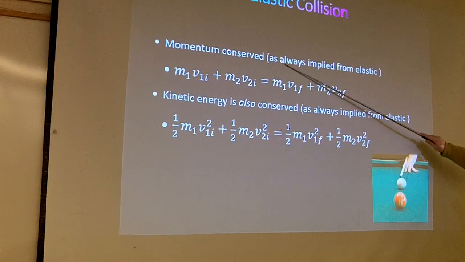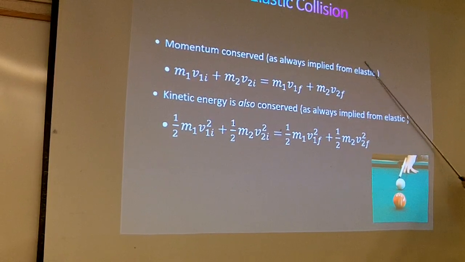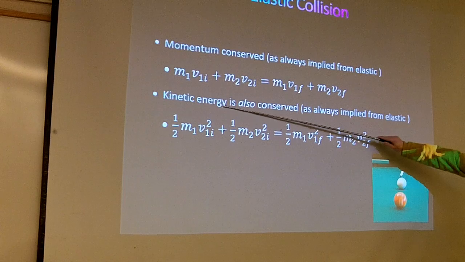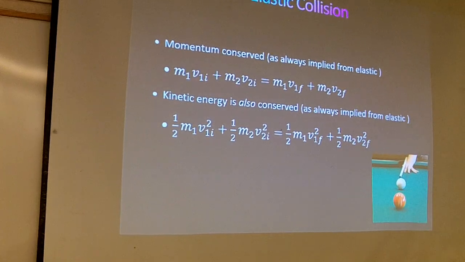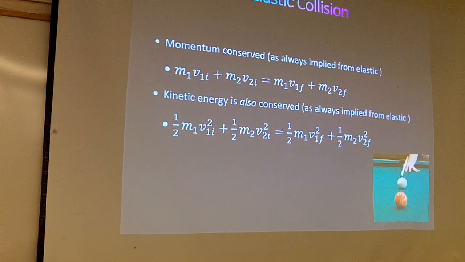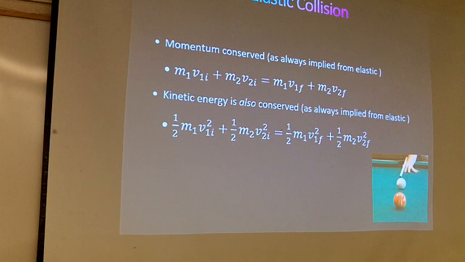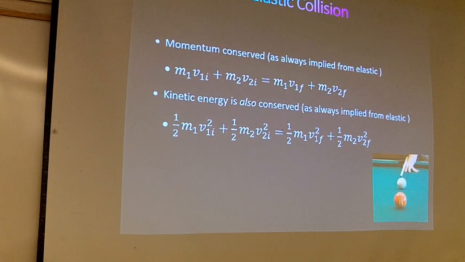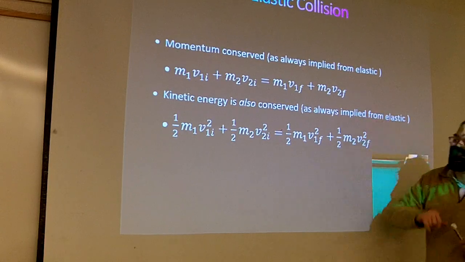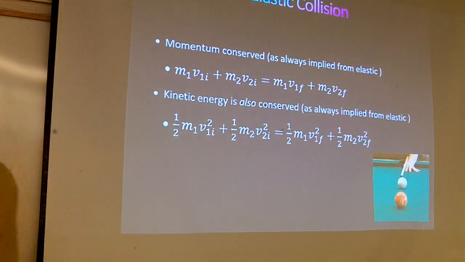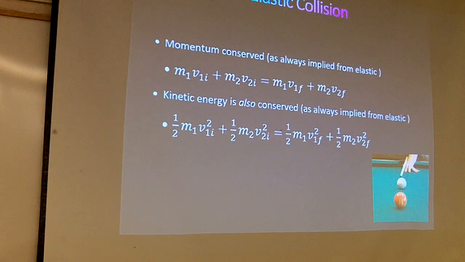momentum is conserved because elastic. Also, the kinetic energy is conserved. These equations are really long, and I don't think you can write them down immediately. If I were you, I wouldn't spell this out. I would do it like this.